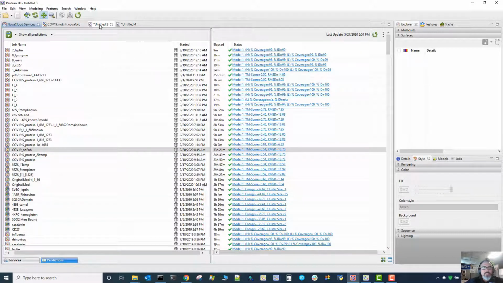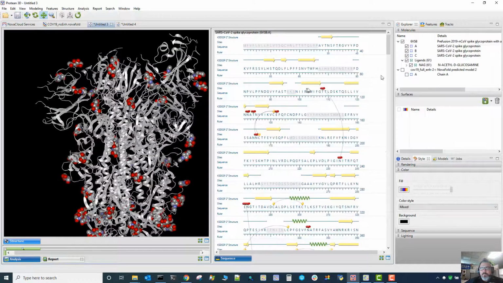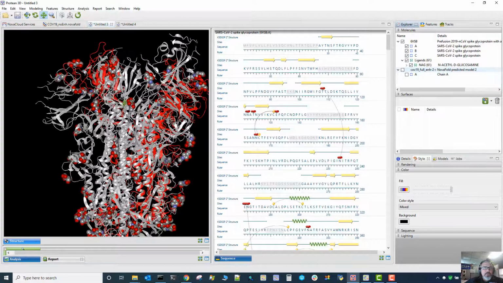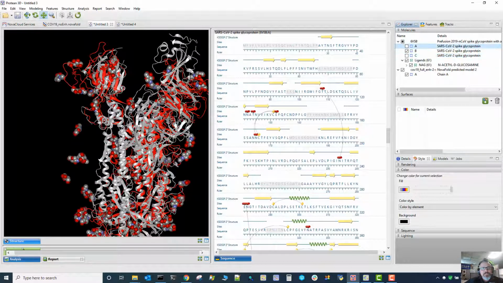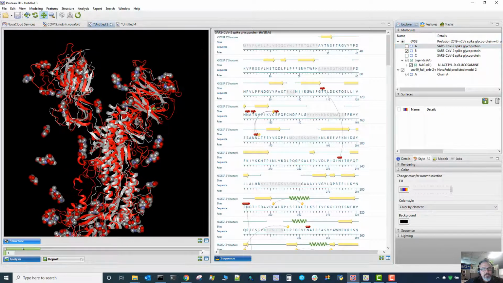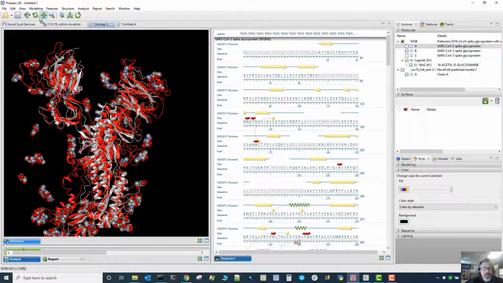I loaded that model into this structure here so you could view it in comparison to the 6VSB model that had the missing regions. So shown in red here, you can see that those regions were reconstituted using the modeling system.